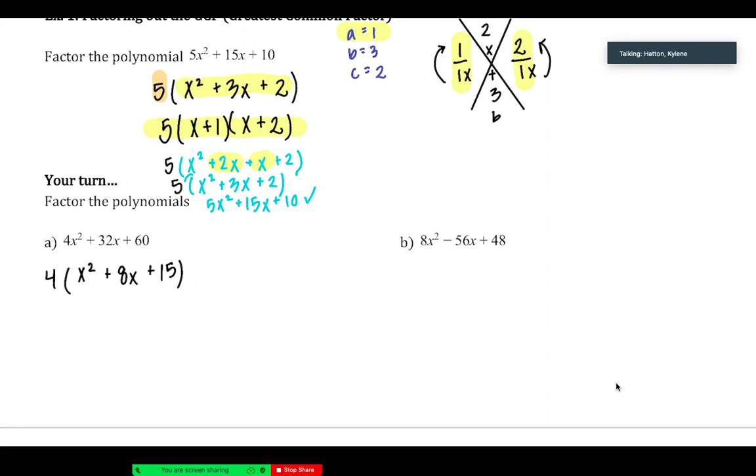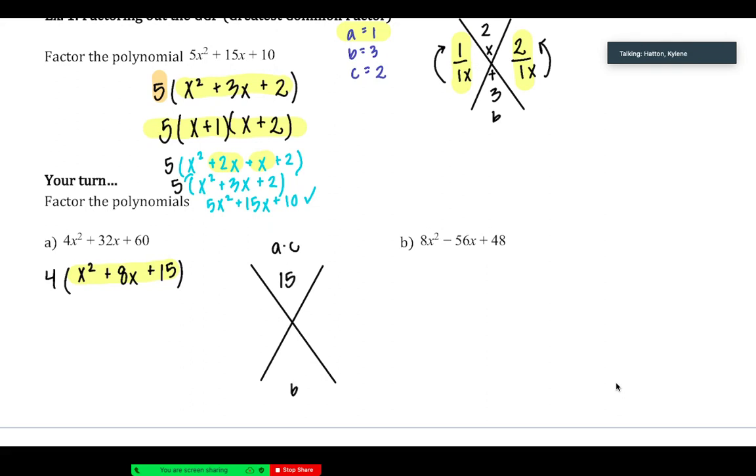So I've factored out the GCF, and now I need to try to factor this x squared plus 8x plus 15 further. Since it's a trinomial, we'll use the X method. On the top is a times c. Our coefficient of x squared is 1, and c is 15. So a times c is 1 times 15, which is 15.